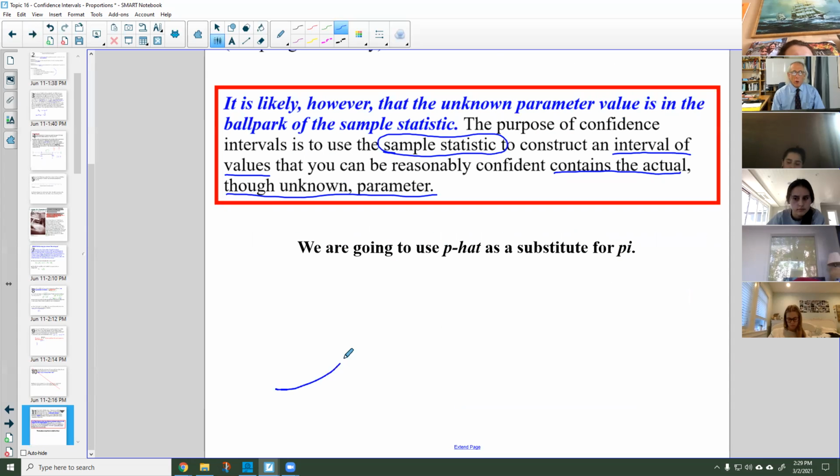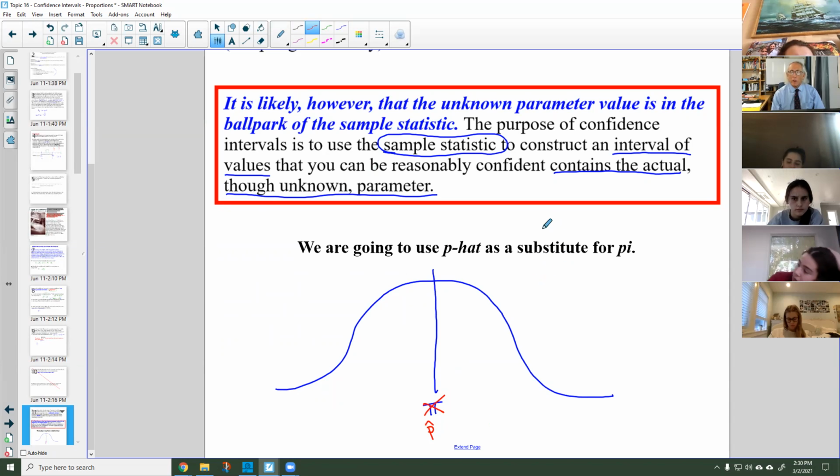I would normally draw my normal curve, and in the middle here, I would put pi. But the problem is, I don't know what pi is. So I'm going to use p hat.